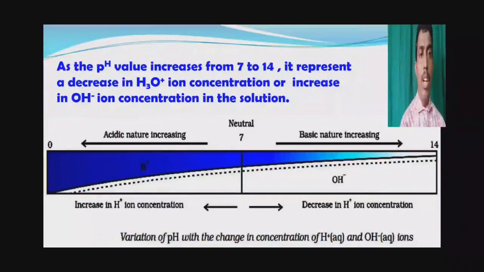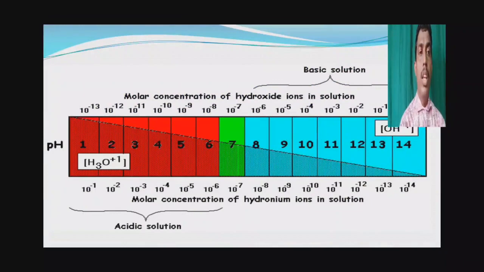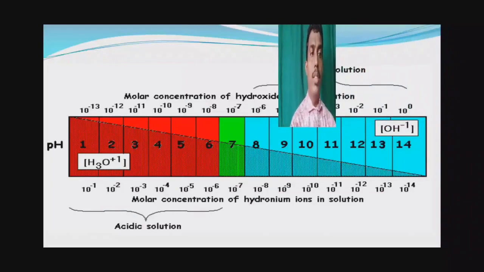As the H plus ion concentration decreases, the OH minus ion concentration increases. Here also we can see the H3O plus ion concentration is decreasing and the OH minus ion concentration is increasing.